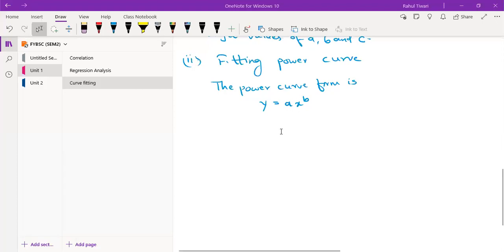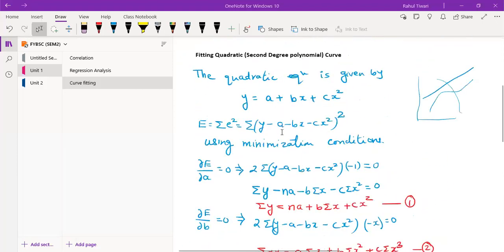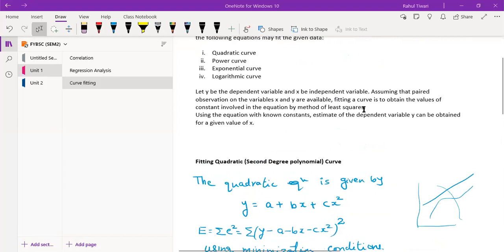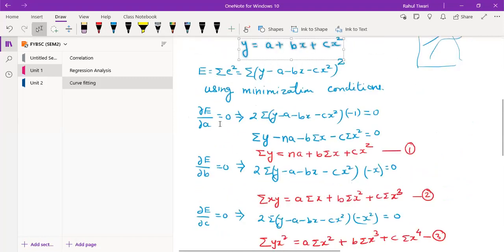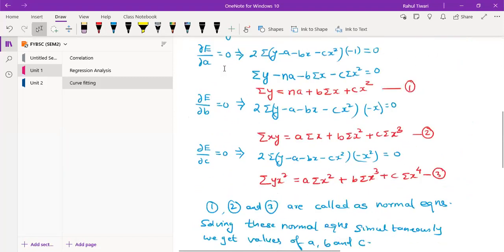So as I mentioned, I can apply the method of least square even when the data is in quadratic form. Still I applied, okay, still I applied.